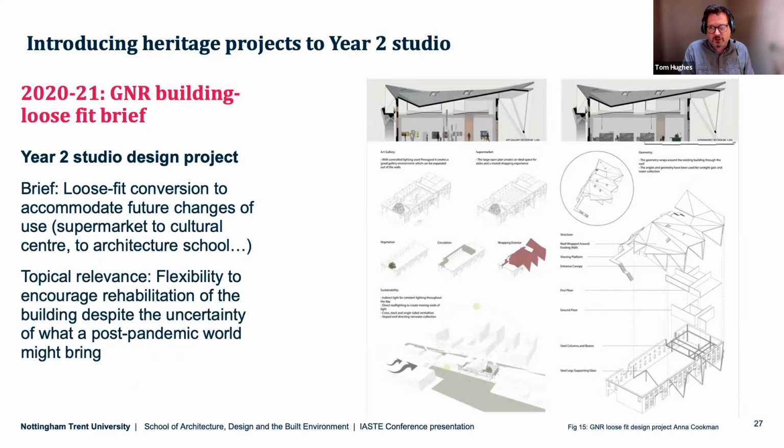So how do we design without mothballing this structure, which is in imminent danger of collapse? How do we design something in there that might be appropriate for a number of different future scenarios? So without the live client, trying to make things topical to the situation that the students were following. And they had that flexibility then to design something which would have future relevance. Next slide, please.